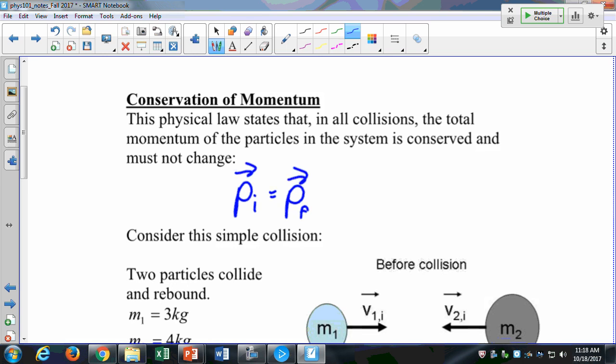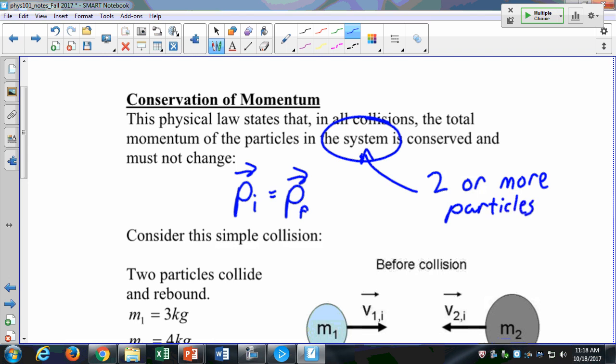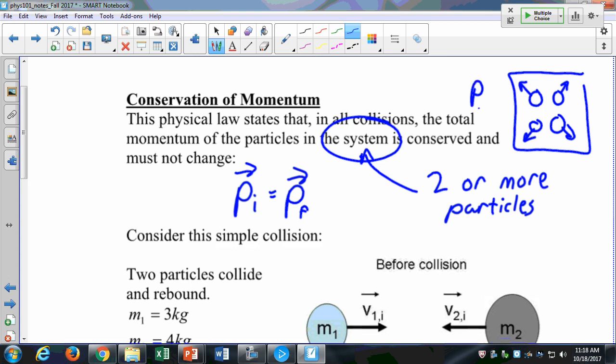Remember, these are vector quantities, and if I have particles in a system, I mean I have two or more particles. Remember we talked about earlier how if I have a system of particles, and say I have two particles going in opposite directions, and two other particles going in opposite directions so that they all have equal and opposite momenta, I can add up the momentum of each individual particle, and the net momentum in this case would be equal to 0 because it's a vector quantity.